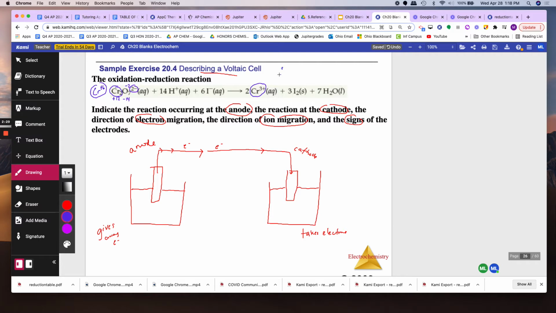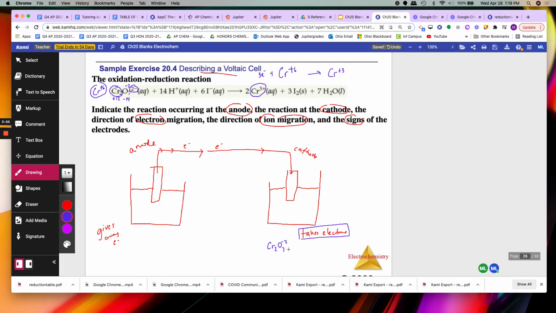So let me write that down somewhere. Cr used to be +6, and now it became +3. It must have taken in electrons, right? So this one took in 3 electrons to become that. So something that takes electrons, I'm going to make Cr +6, and the way Cr +6 occurs is Cr2O7.